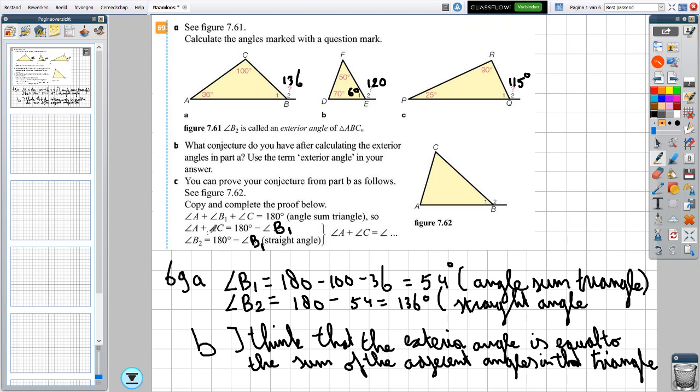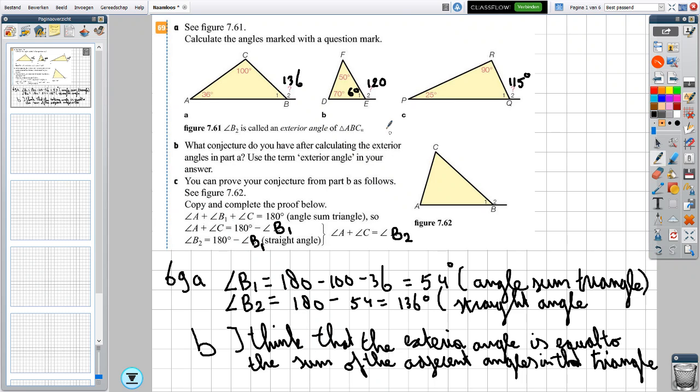Dus dit stukje is gelijk aan dit. En dit stukje is gelijk aan dit. Only 180 minus angle B1 occurs in both. So now you can just say, well, I skip the middleman and I just say angle A plus angle C is equal to angle B2, this one.